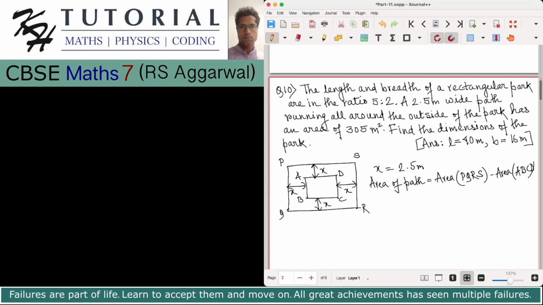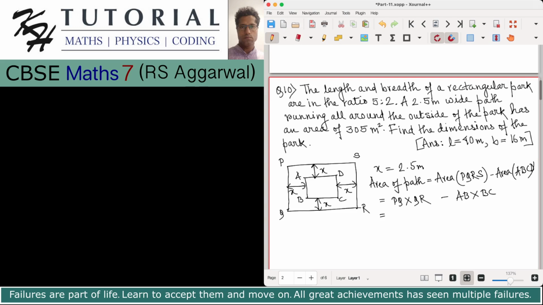So this is equal to area of PQRS, the outer boundary of the path. It will be PQ multiplied by QR, minus area of ABCD, which is AB multiplied by BC. This is equal to, what is PQ?